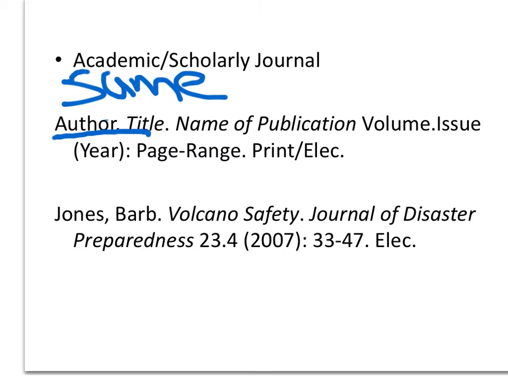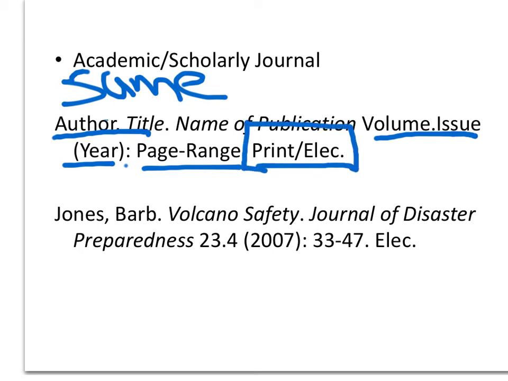So the next part that follows the name of publication is the volume number and issue number. Following that, in parentheses, we have the year, followed by a colon, the page range that the article appears on, and then indicating whether the article is print or electronic.